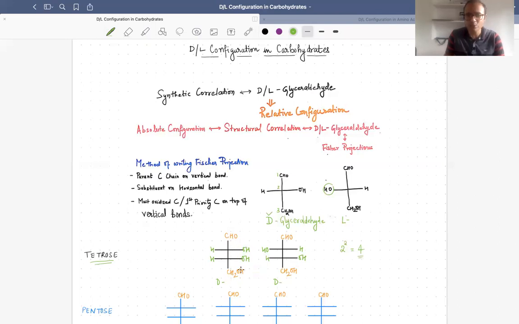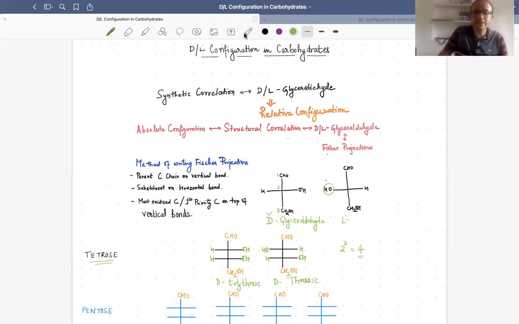Whenever you have the OH group or similar groups on the same side, we call it erythro. This is an aldose sugar, and this is nothing but your erythrose sugar, and this would be your threose sugar.